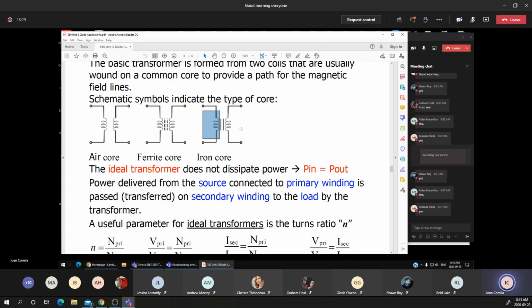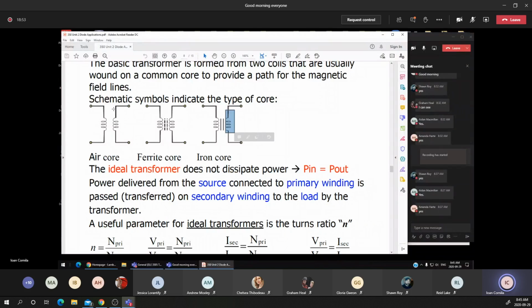This type of transformer does not have an electrical connection between the primary winding and the secondary winding. The energy that is created in the primary winding is transferred to the secondary winding. Again, look at any of those three diagrams.